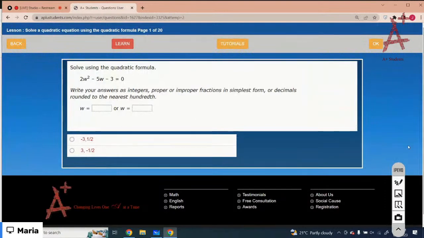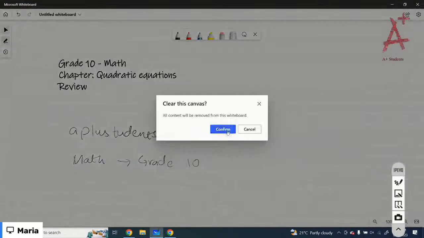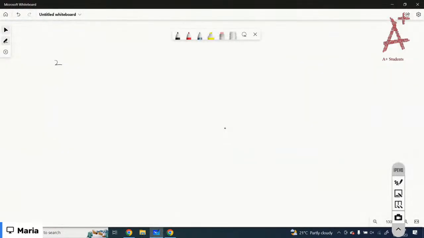Okay, the equation is 2w square minus 5w minus 3. Let me write it down on board. 2w square minus 5w minus 3 equals 0.